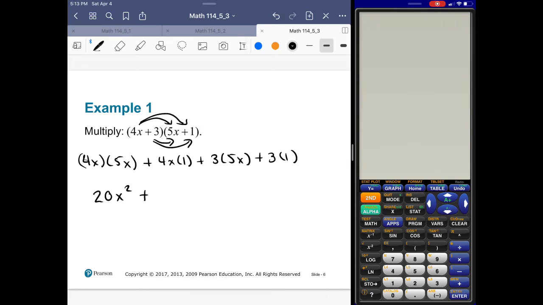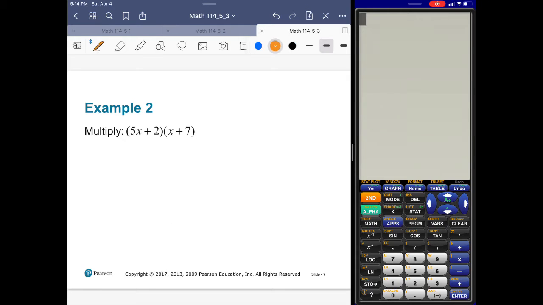Plus 4x times 1 is 4x, plus 3 times 5x is 15x, and 3 times 1 is 3. We don't have any like terms for the x squared, but we do for the degree of 1. So 4 plus 15 is 19x: 20x squared plus 19x plus 3.